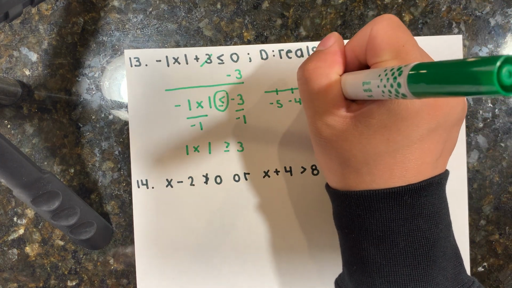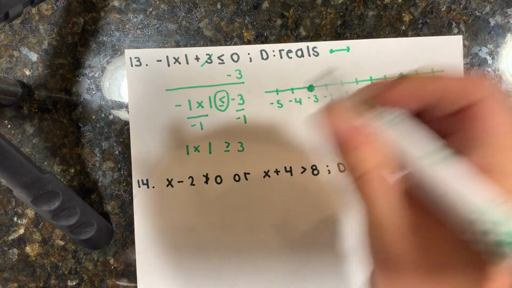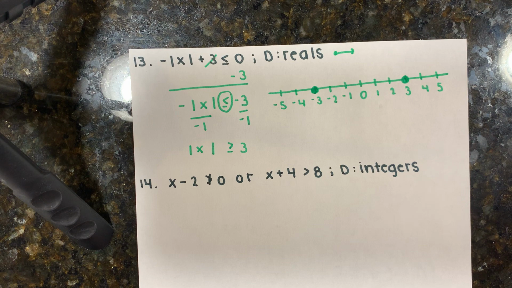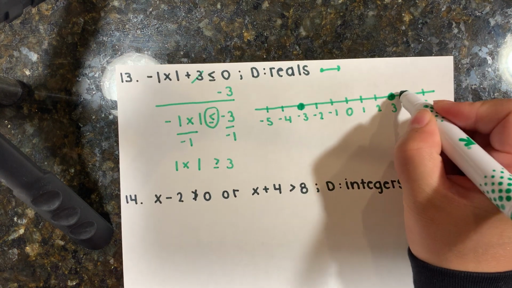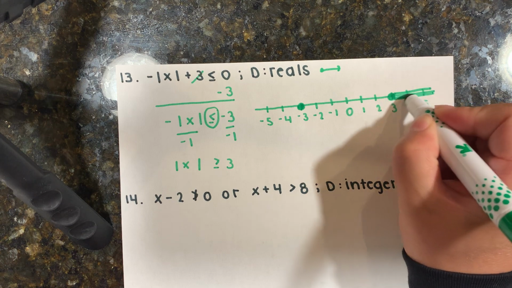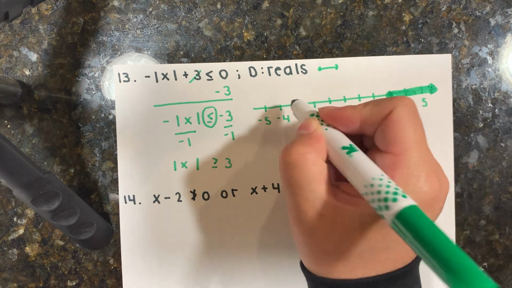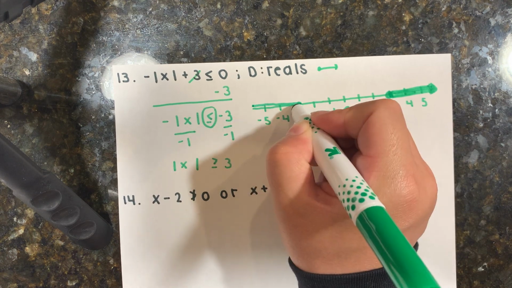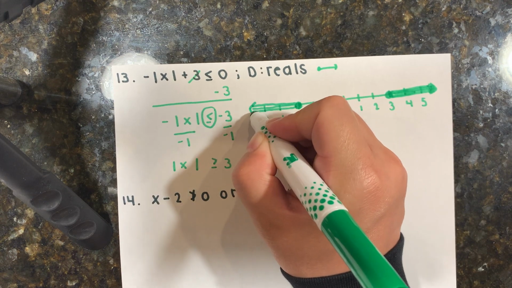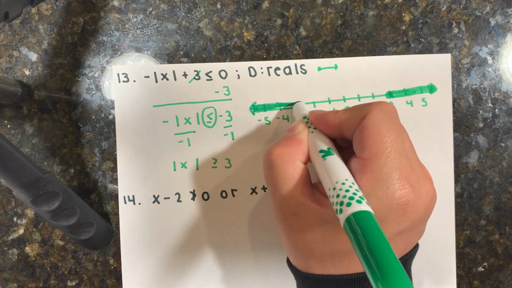They will be closed circles on 3 and -3 because it can be equal. And anytime it says greater, that's going to face away from each other. So that means I'm going to fill in all the spaces to the right of 3, and then to the left of -3. So greater than means it goes away from each other. Less than means that you would connect those two endpoints.